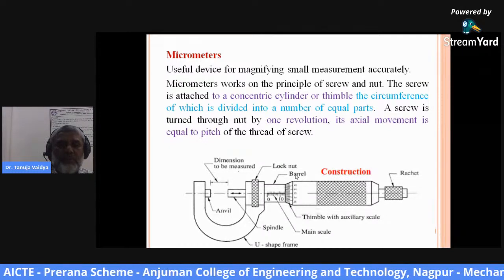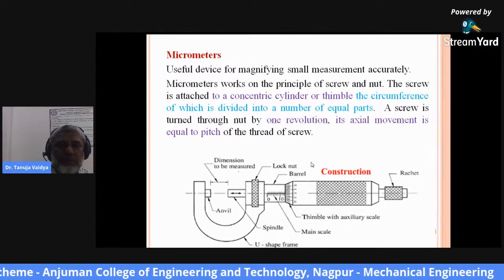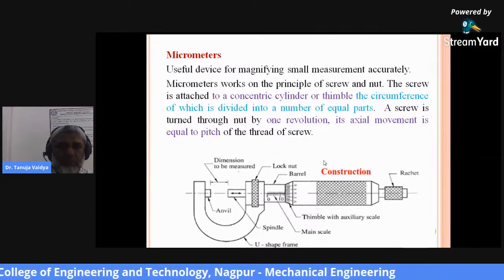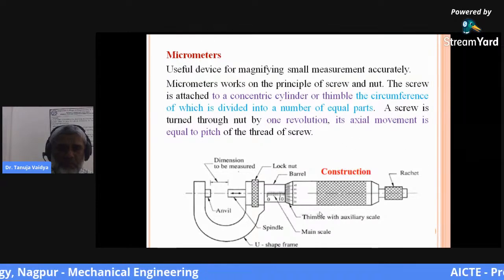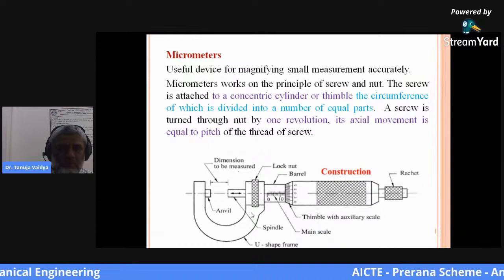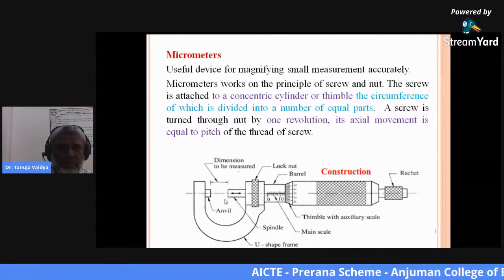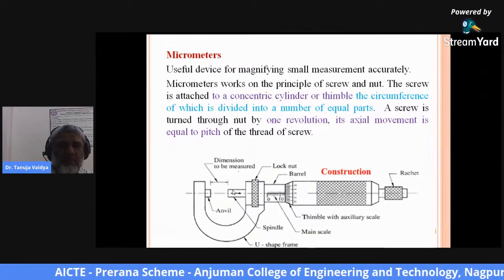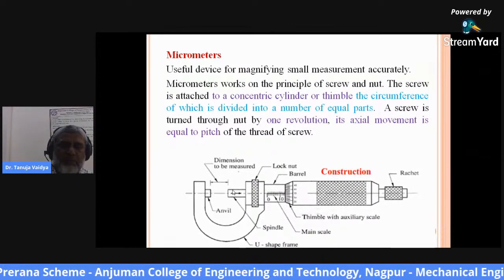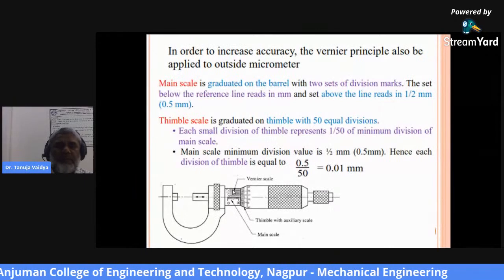It must be noted that if the screw is turned by one revolution, the axial movement of this spindle will be equal to the pitch of the thread of the screw.